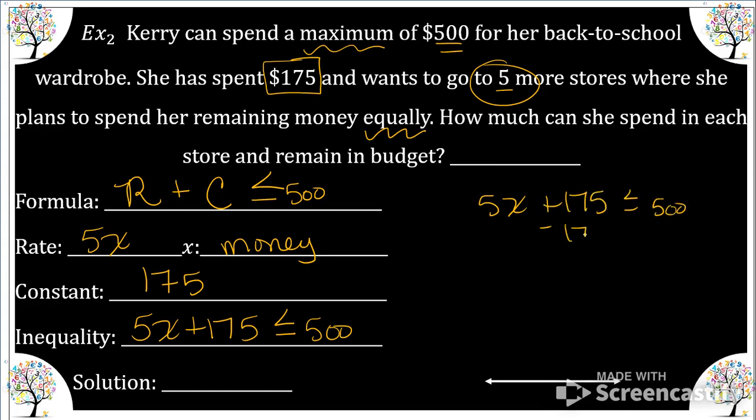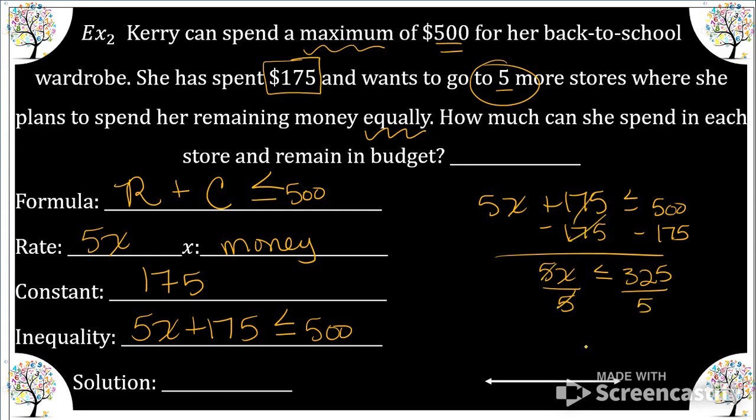I'm going to subtract 175, divide by 5, and x needs to be less than or equal to, 5 into 32 goes 6 with 2 left over, so $65 or less per store.